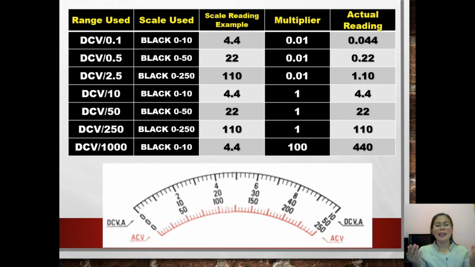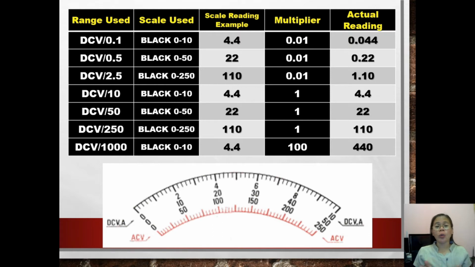Okay, below the chart, we have the scale of our multimeter. We have the red part, which is ACV, and the black part, which is DCV. When we say DCV, it is the direct current voltage. We are going to use that on electronic devices that use batteries and power supplies that convert AC voltage to DC.